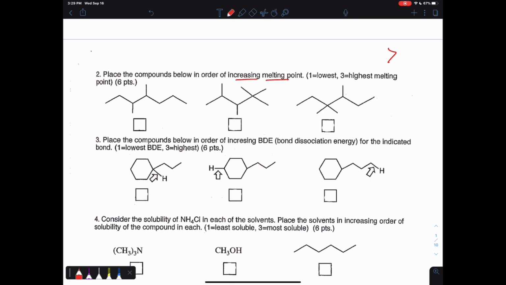Melting point and boiling point are practically the same, but there's only one thing that distinguishes these two. In melting point, when branching increases, the melting point will increase.